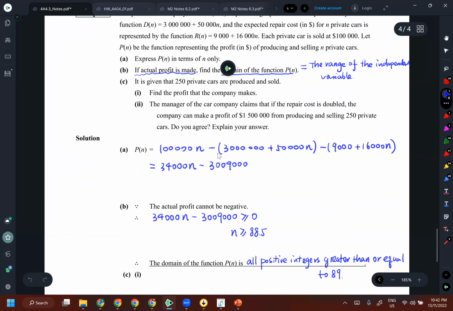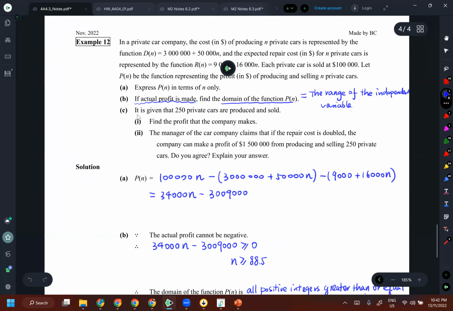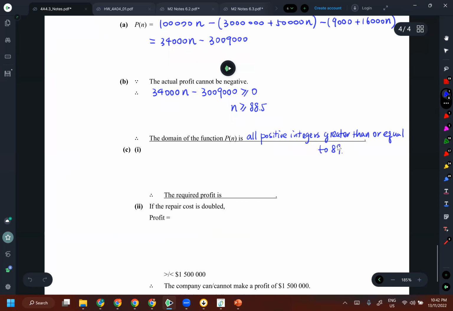Okay. Now part C. It is given that 250 private cars are produced and sold. Find the profit. Very easy.